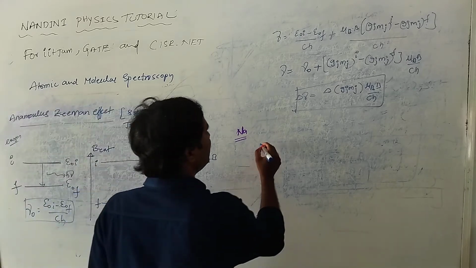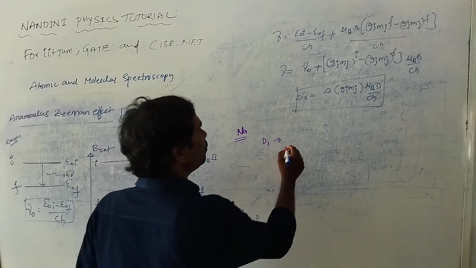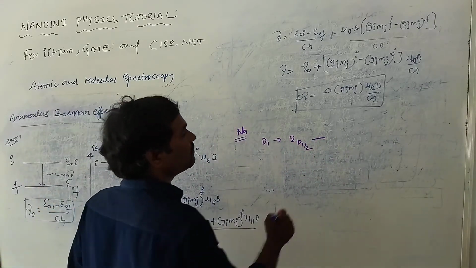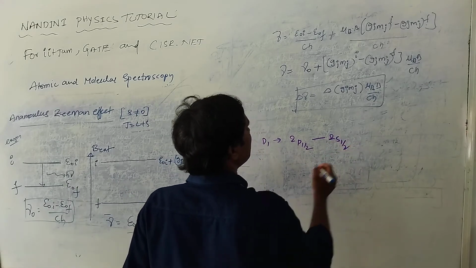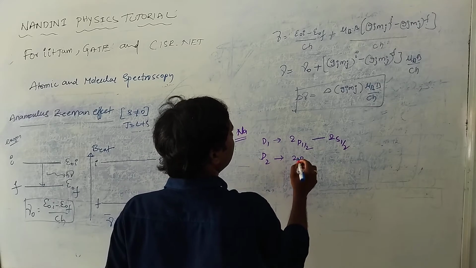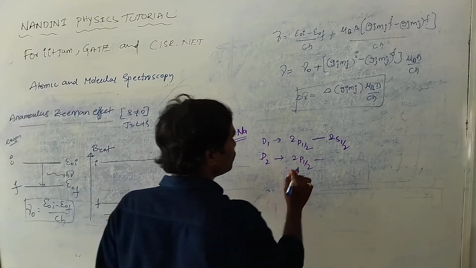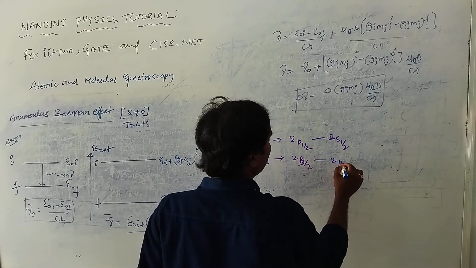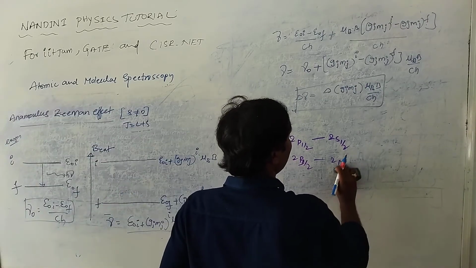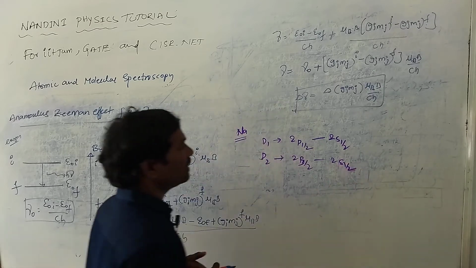First the D1 line: D1 is 2p 1/2, multiplicity 2, to 2s 1/2. Similarly, the D2 line is represented by 2p 3/2 to 2s 1/2. So these are the transition levels.